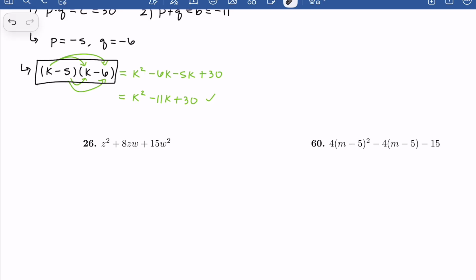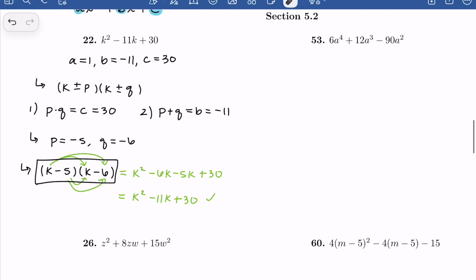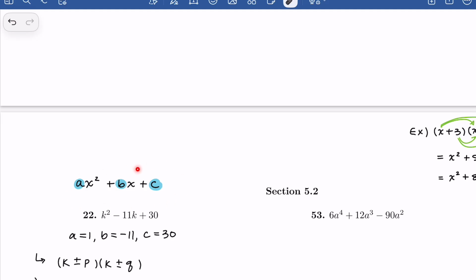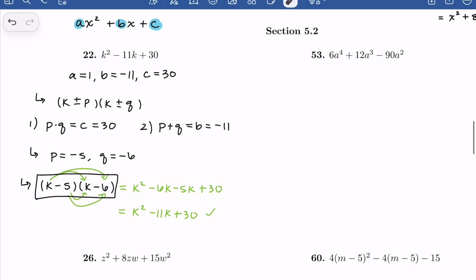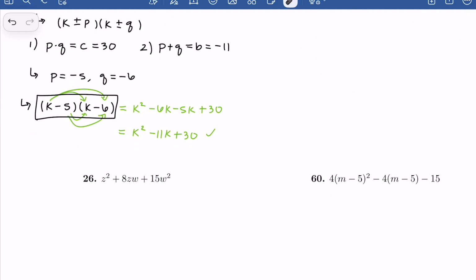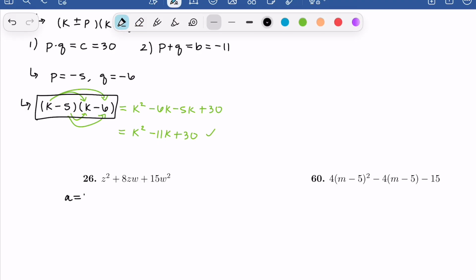So we're going to treat everything that's not z as the coefficient or the constant terms in the standard form of our trinomial. What I mean is, let's identify what our a, b, and c are. As we know, our a in this case is going to be 1. That's the coefficient of our second degree term. Now the coefficient of this term is going to be anything that's not a z. So that would be 8w.